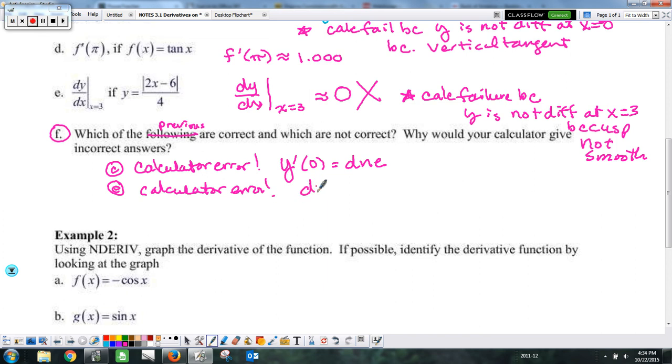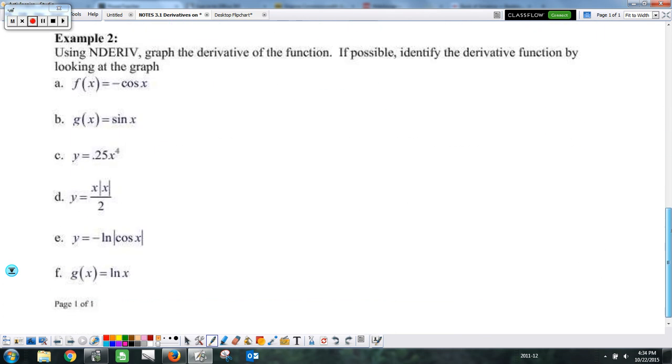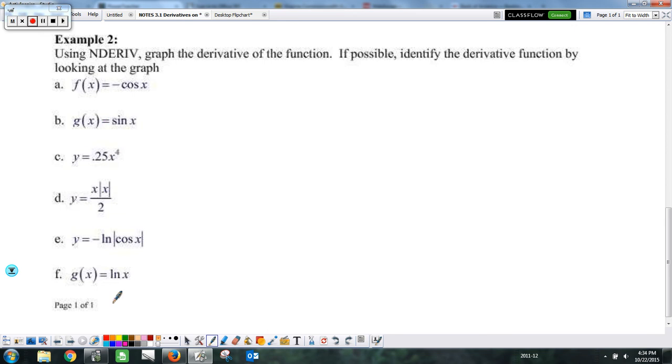Okay, so our derivative with respect to x, evaluated at x equal to 3, the actual correct answer should be D and E. All right, so now I'm going to let you work through each of these examples. I want you to graph the derivative of the function using the command where we do the derivative with respect to x of your y1 and evaluate it at x equal to x.